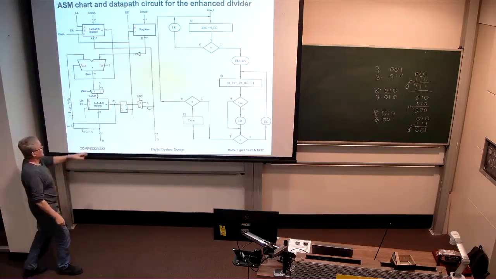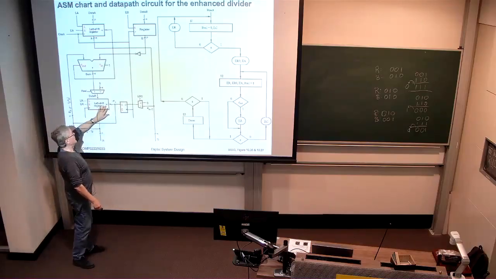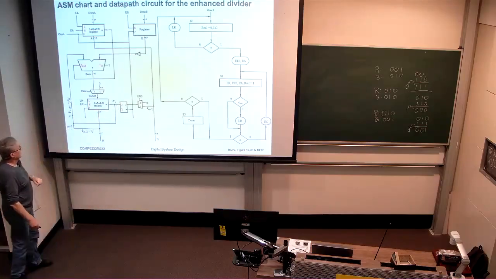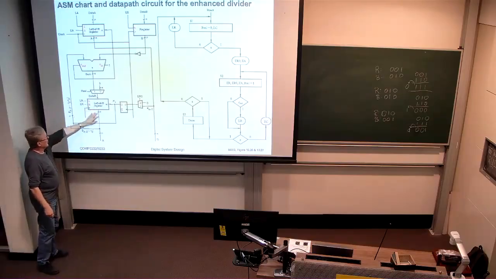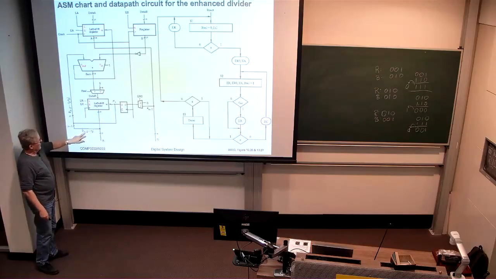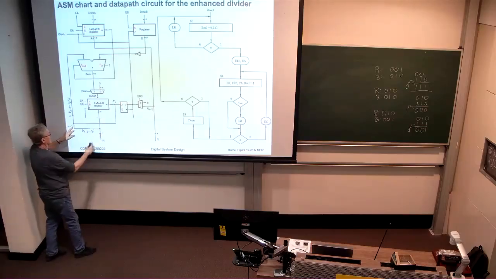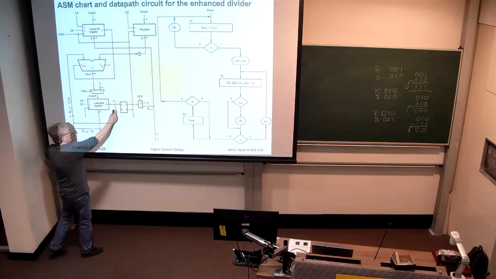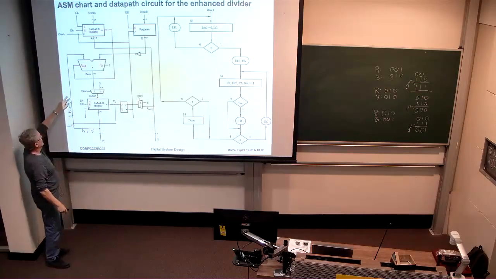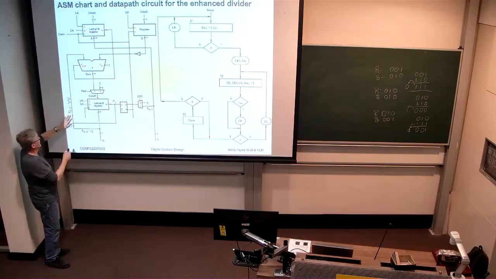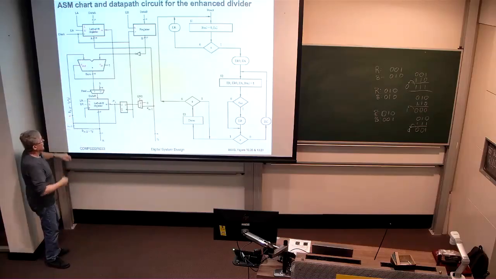That gets loaded into this flip-flop, which then passes it into the R register. So the n minus 1 least significant bits of the R register are taken, together with the RR0 register. So here's our n bits loaded into the subtractor.